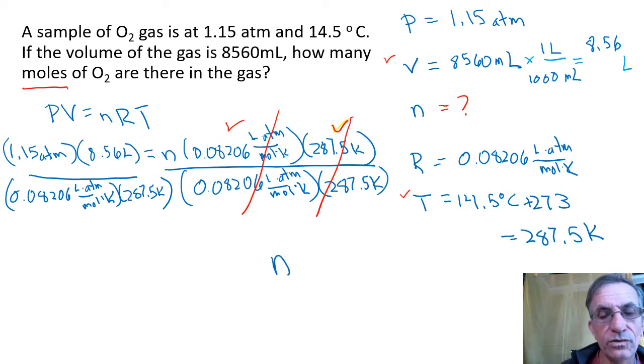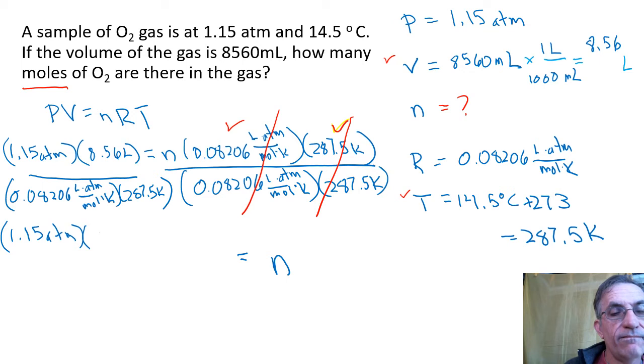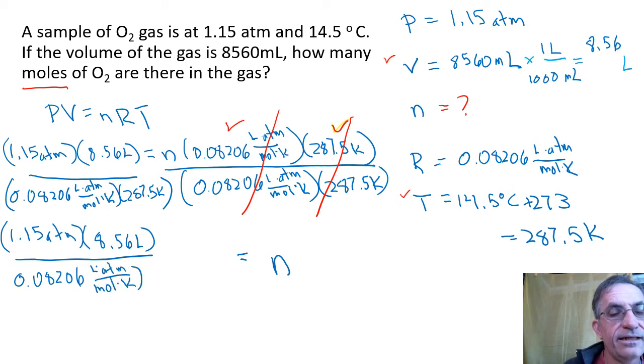N, my moles, equals 1.15 atmospheres times V, the volume, divided by R, and then also divided by T, the temperature.